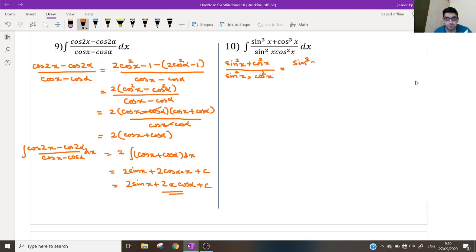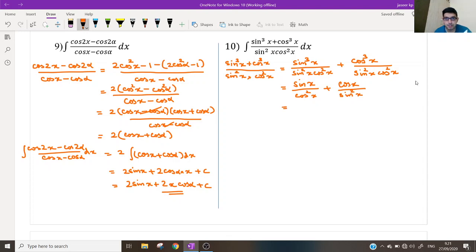So this will come as sin cube x divided by sin square x cos square x plus cos cube x divided by sin square x cos square x. Now in sin cube x, one sin will get cancelled, so it will become sin x by cos square x. Then similarly one cos will get cancelled, so cos x by sin square x.